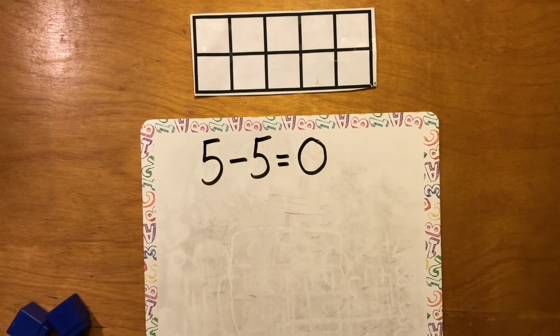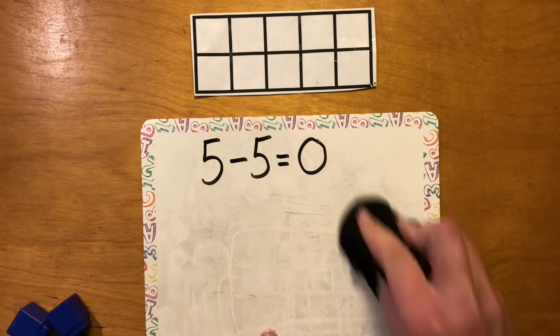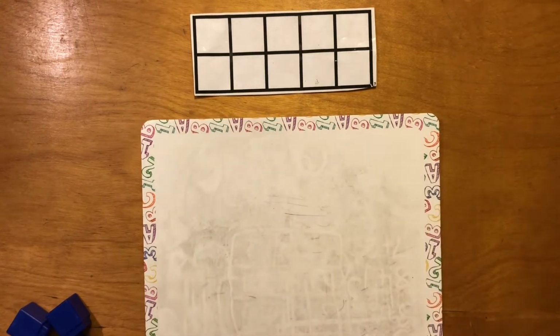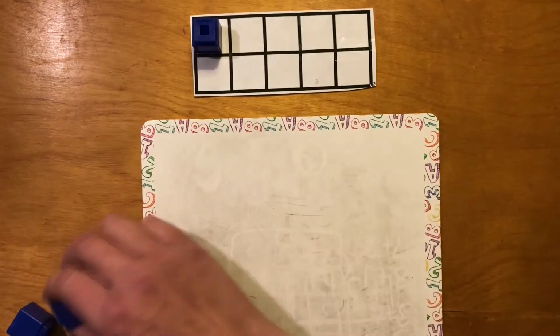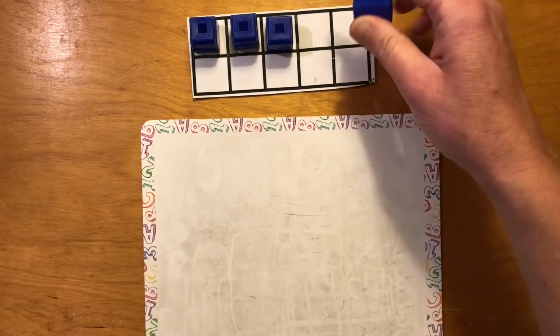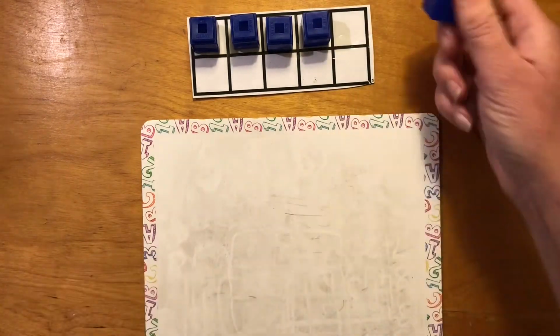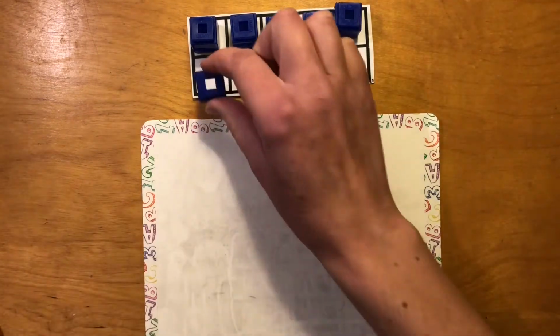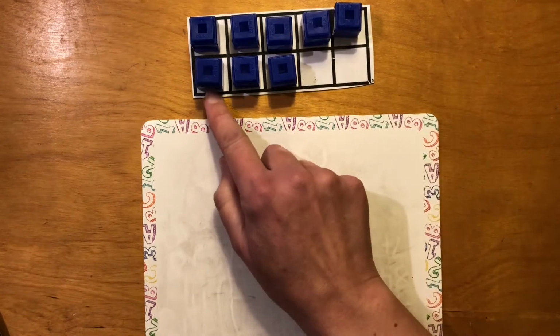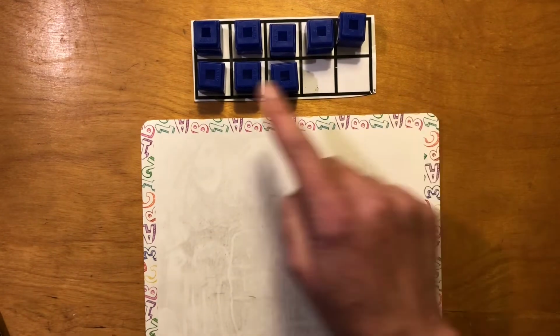All right, 2 more to go. Build 8. All right, I want to make sure I have 8.